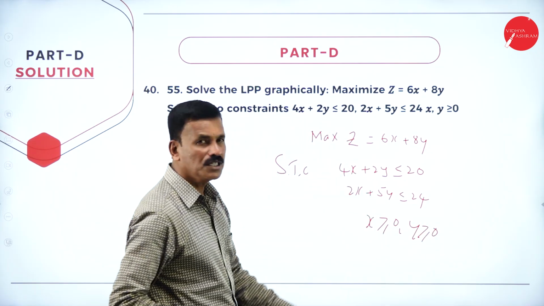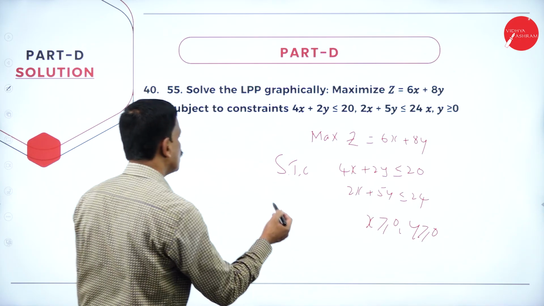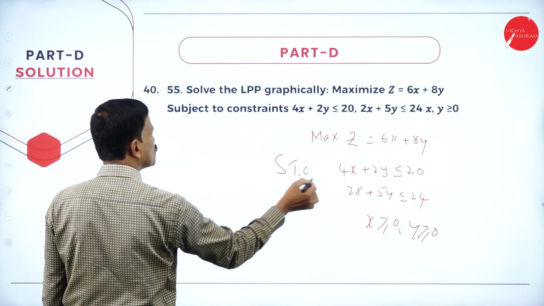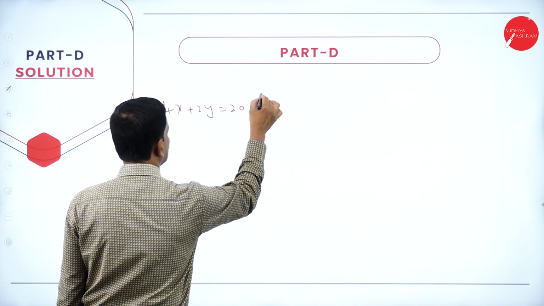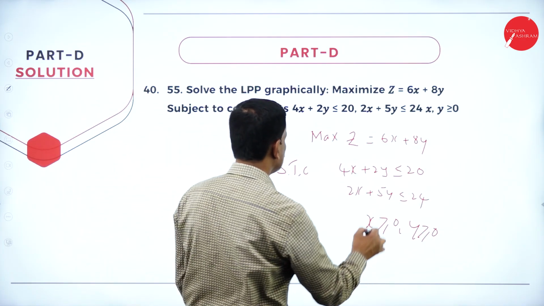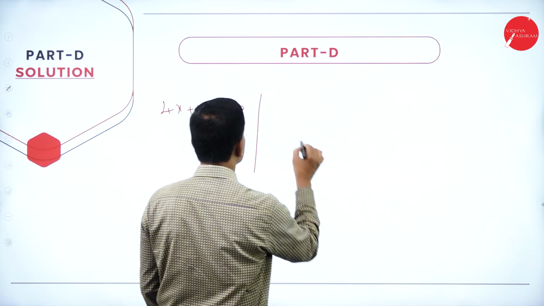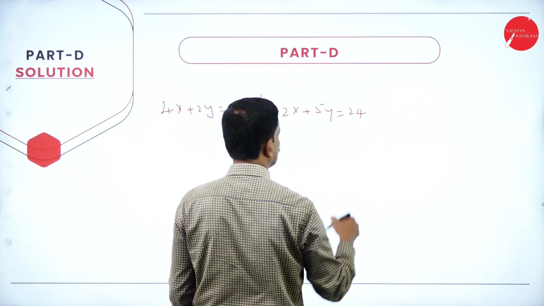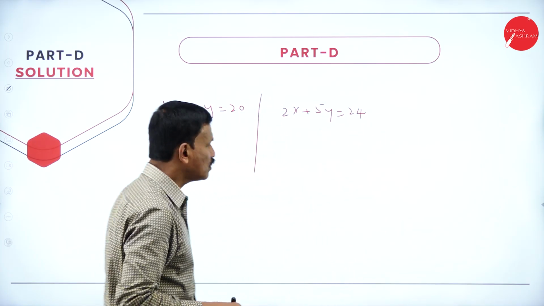Now let us convert the inequalities into equalities. 4x plus 2y is equal to 20, equation 1. Another equation, 2x plus 5y is equal to 24. Right. Now solve this.